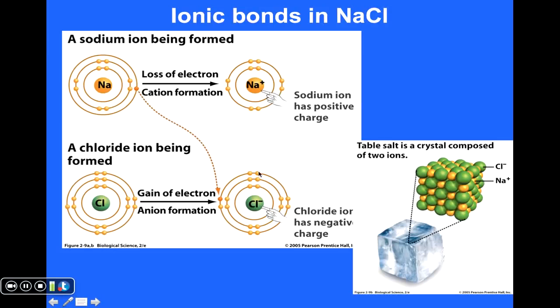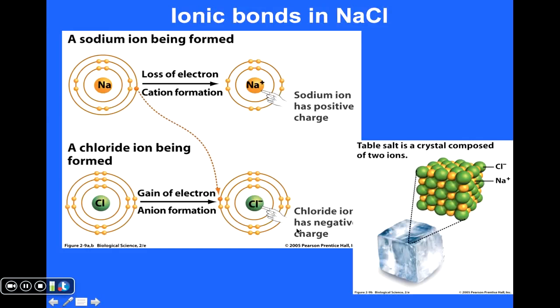And so it can do just that. If it picks up an electron, let's say lost from sodium, chlorine now becomes negatively charged. And what happens when you have two things with opposite charges? Well, they're attracted toward each other.